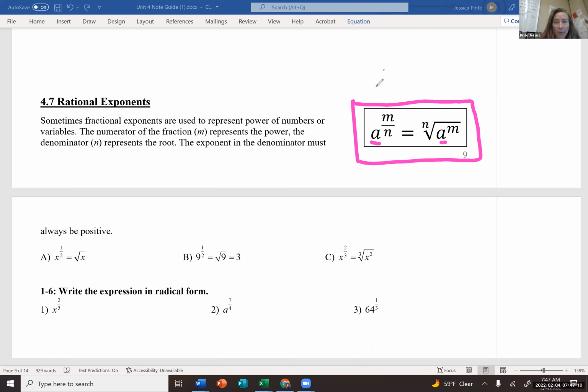So on this side, we've got a fraction exponent, and what we can see is that's equivalent to a radical expression. And so the number in the bottom is the root, and that goes in the pocket of the radical. And then if there's a numerator, m, it would be just the exponent on the base inside the radical.